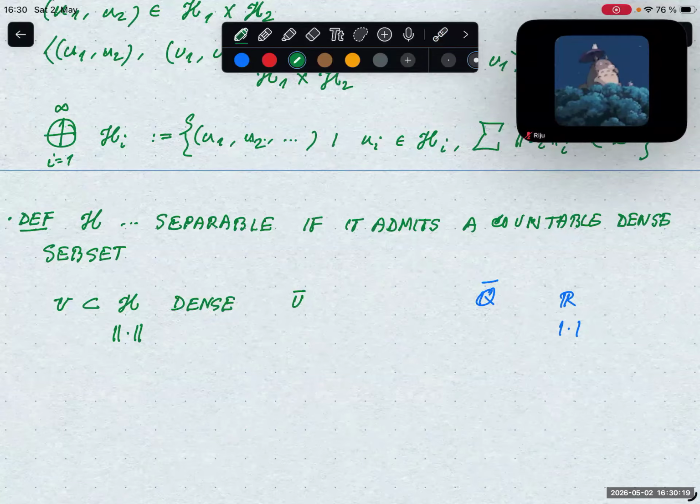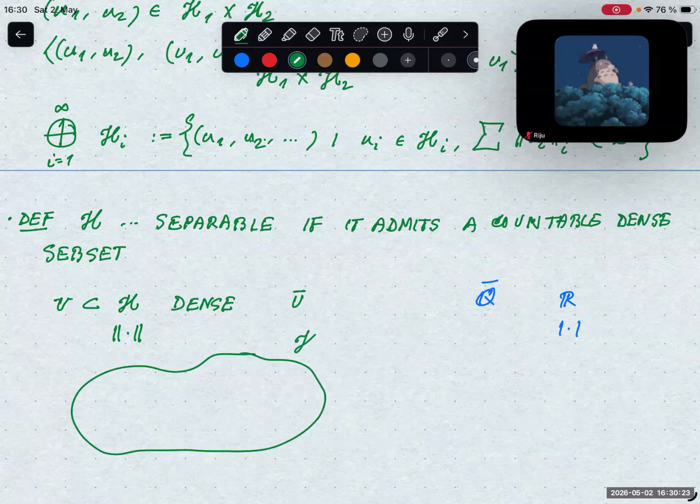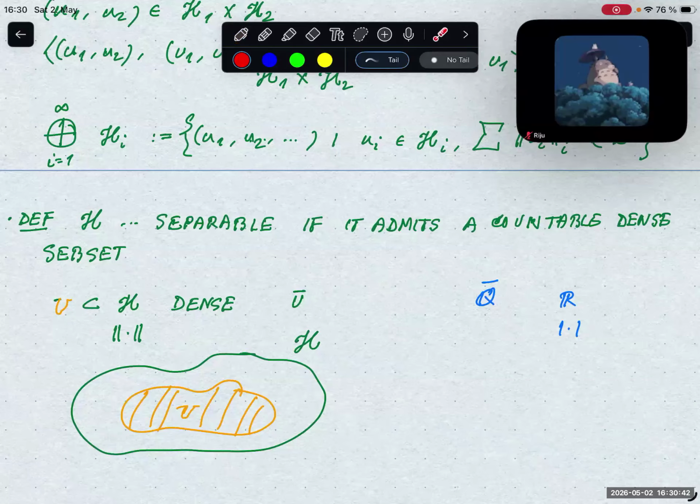So this is H, and this is U. Now, in general, in this setting, there are elements in H, of course, which are not in U, because H is a bigger space.